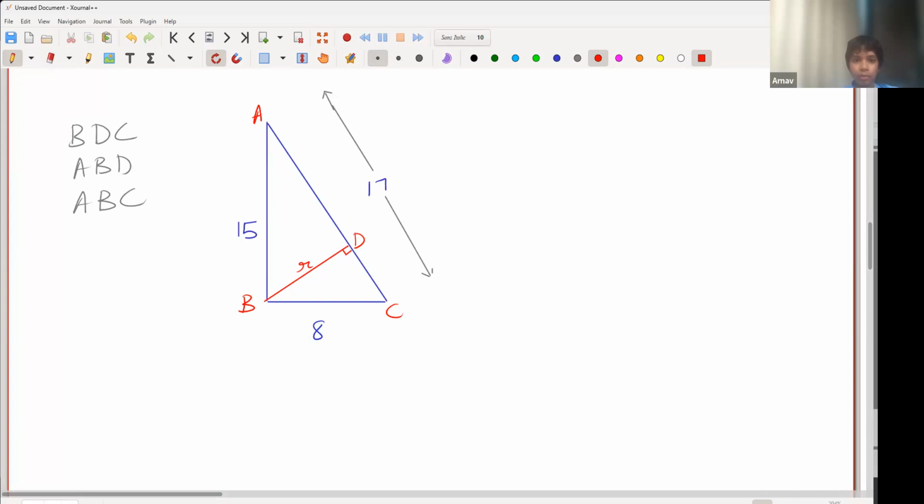This would be our hypotenuse because it is opposite to the right angle. And this would be our medium side because you can clearly see that it's longer than this one.